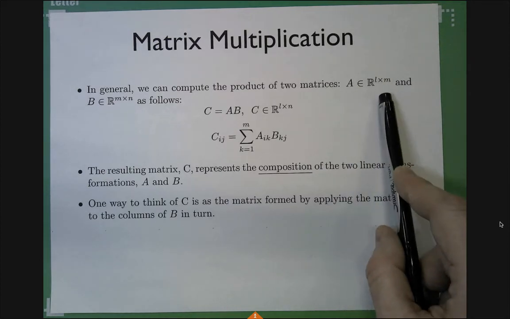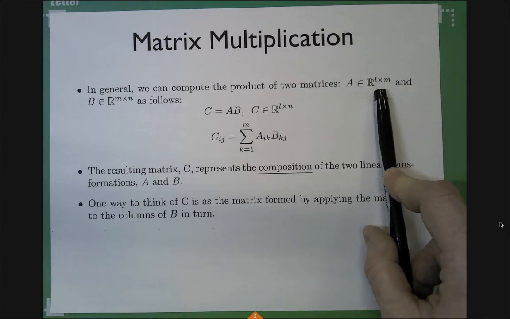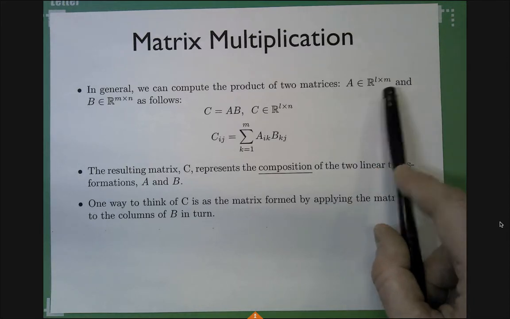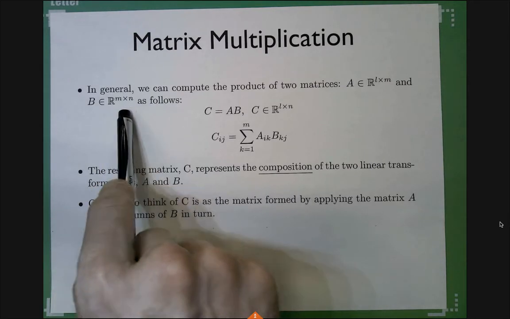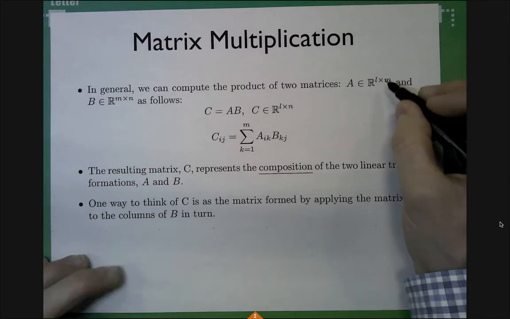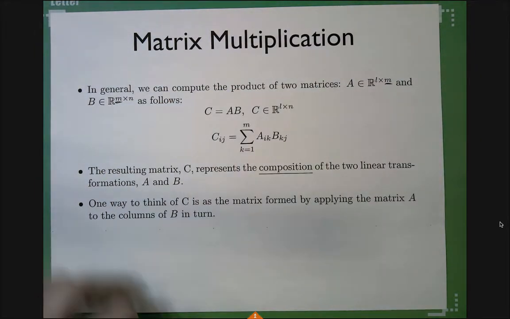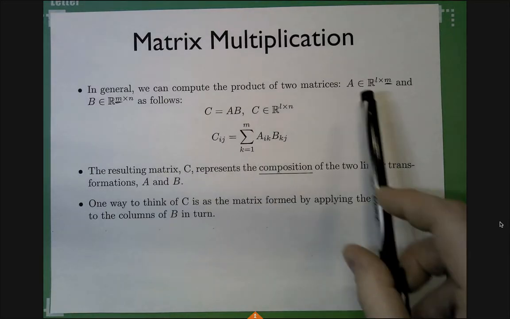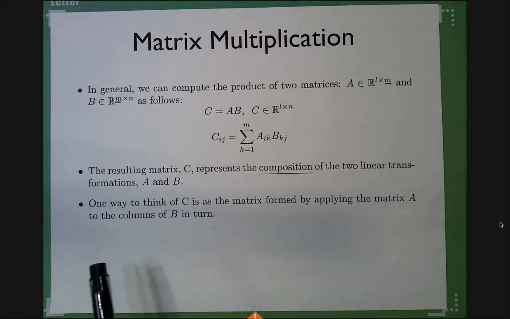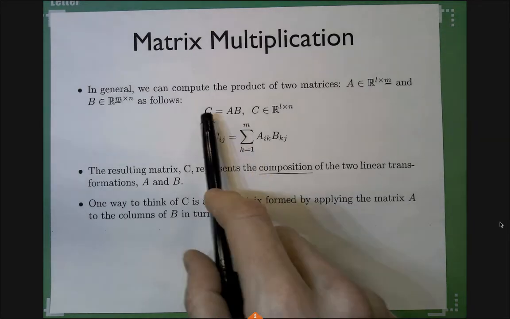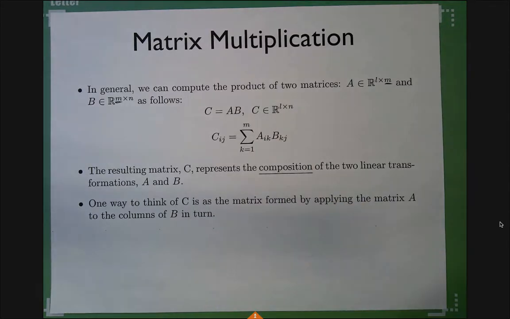So we need to be a little bit careful about the dimensions. In linear algebra, almost always you have to be careful about the dimensions. So my A matrix will be L times M, so it means L rows and M columns, and B matrix will be M times N. So the important thing is that this M, this number of columns of matrix A, matches the number of rows of the matrix B. That's so that I can define the product of the two matrices, A times B. And the product will be a new matrix C of dimensions L times N. So see this picture again.